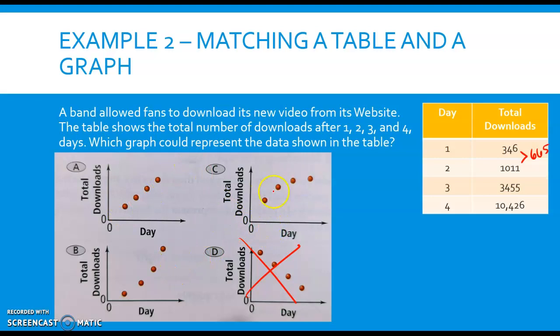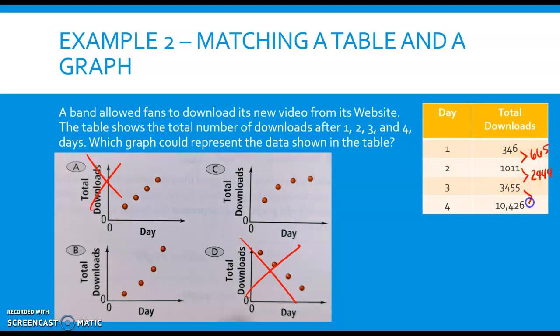If it's not, then we've got to make a decision between these other two. So now I'm going to take 3,455 minus 1,011, and I get 2,444, which is not the same. So because it's not the same, we're going to take out A, because it is not the same 665 each time.